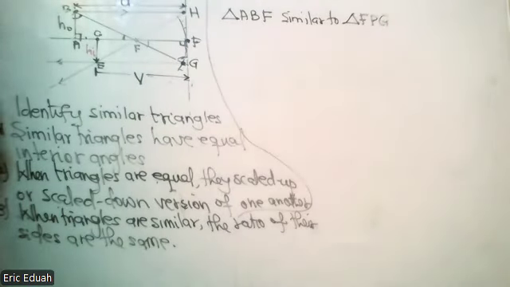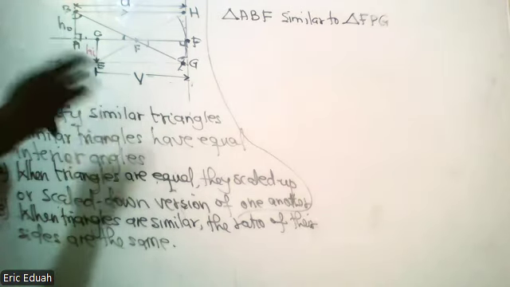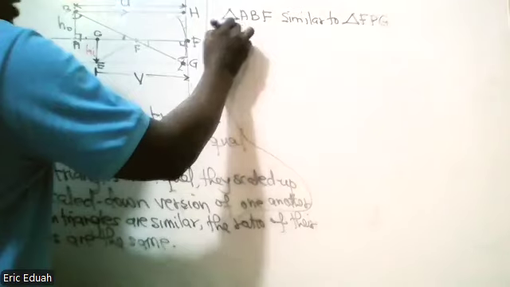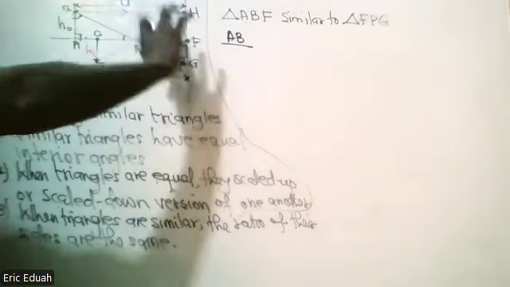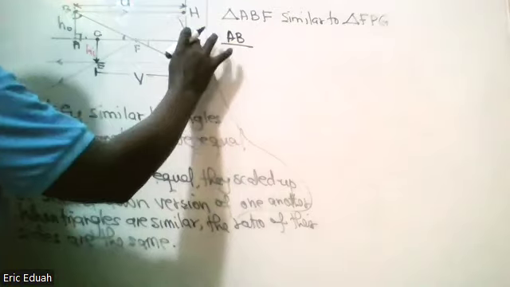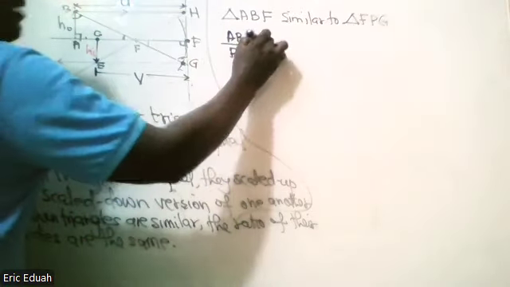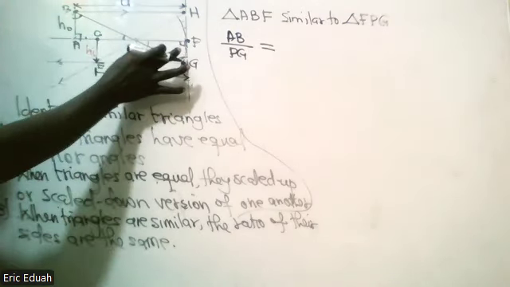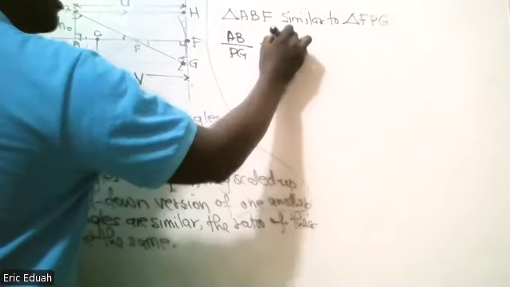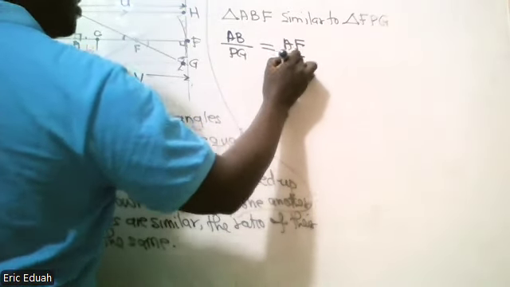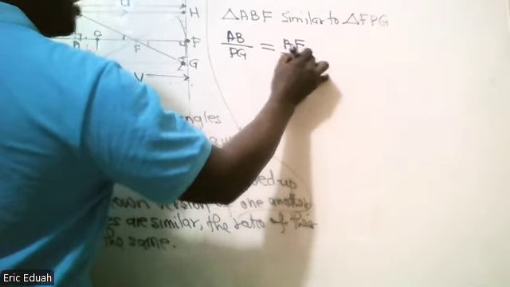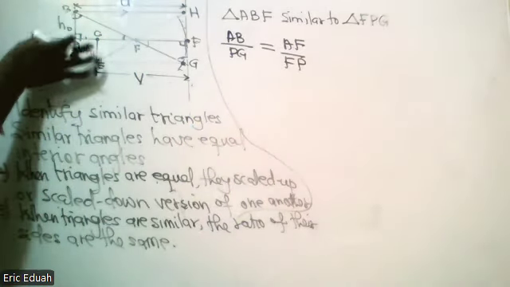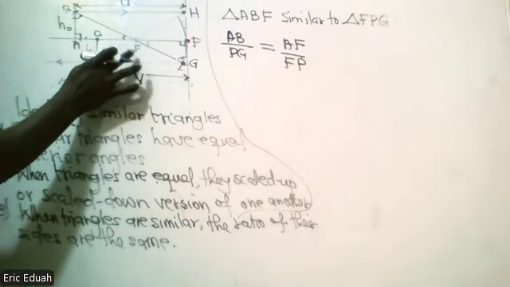You see, because ABF and FPG are similar triangles, when I take their side AB divided by the side of the other counterpart, PG, it must be equal to AF divided by FP, and also equal to BF divided by FG.